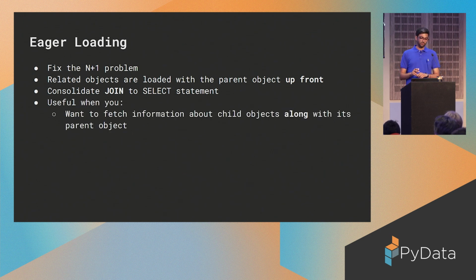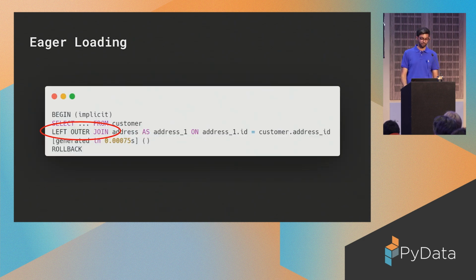And it's useful when you want to fetch all the information of the objects with the parent object at the same time. This is what SQLAlchemy does in the background for you, where you select something and then it calls left outer join automatically, so we can join different tables and get all the related objects upfront.